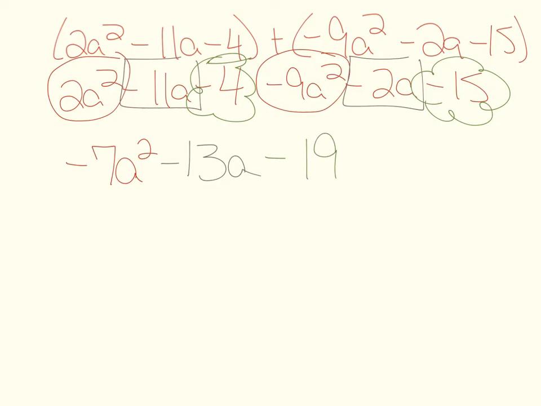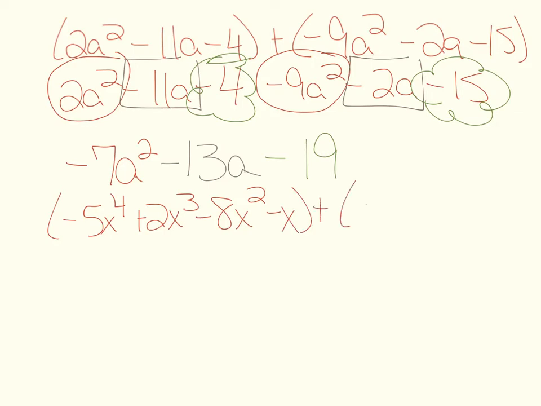Let's look at one more. Let's say I have negative 5x to the 4th plus 2x cubed minus 8x squared minus x. And I'm adding that to x cubed plus 8x squared minus 3x minus 1. Again, I'm looking for like terms. I have this negative 5x to the fourth. There is no x to the fourth term over here, so I'm just going to copy that.